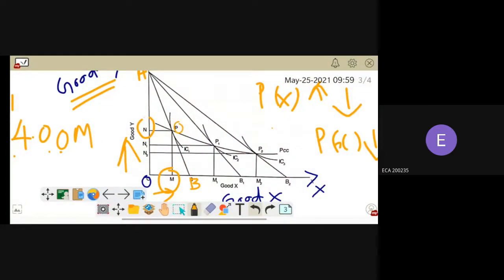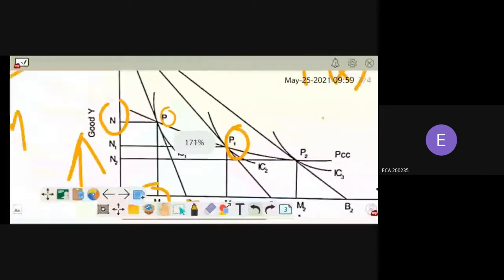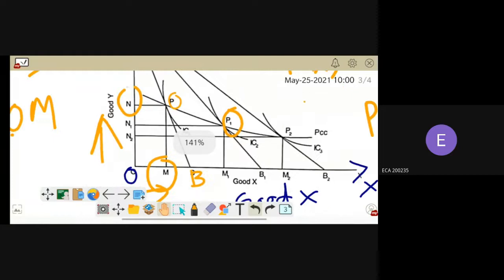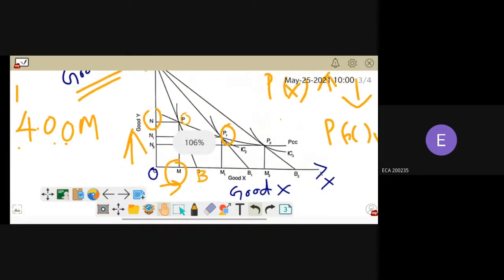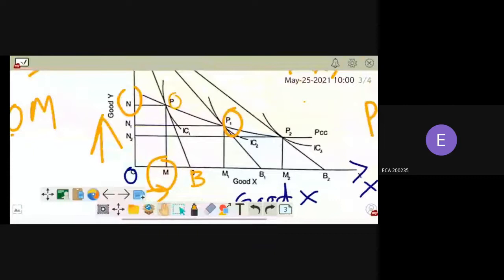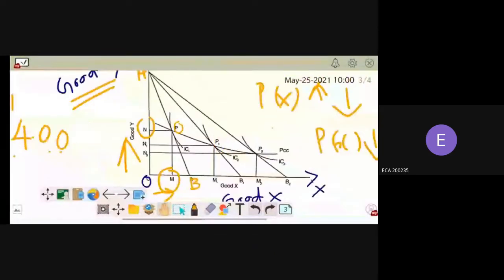Then the consumer moves to another, higher equilibrium point called P1, where the indifference curve IC2 is tangent to the budget line AB1. So then let us see what happens.